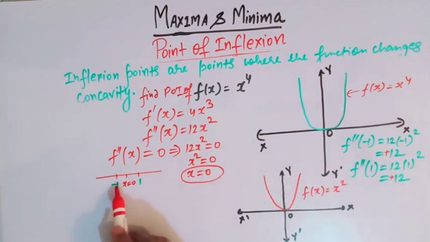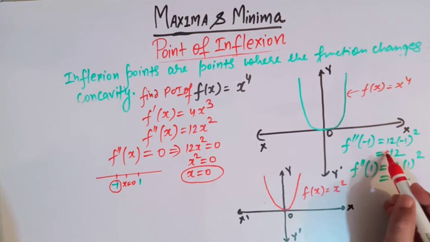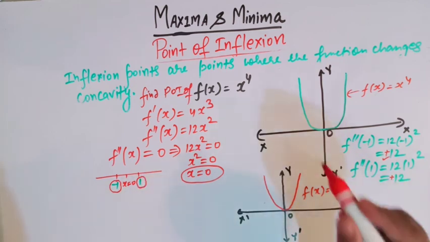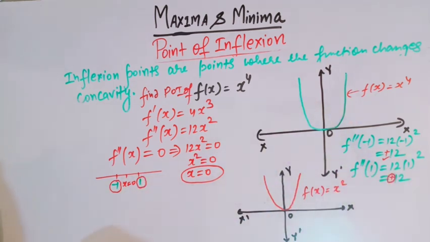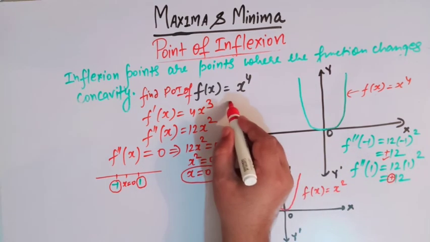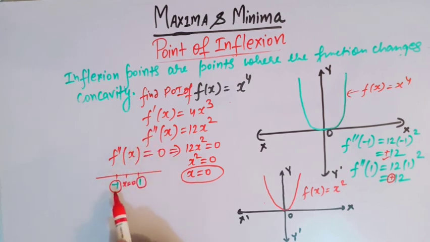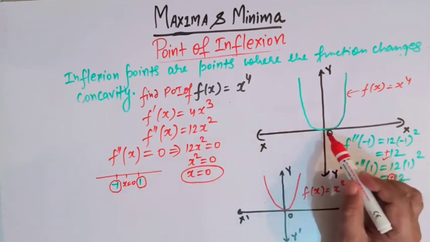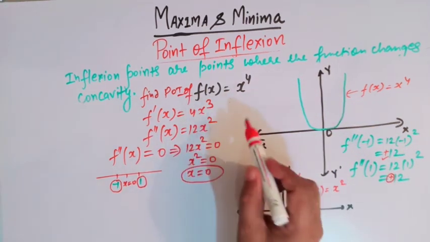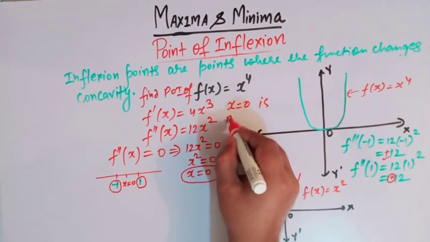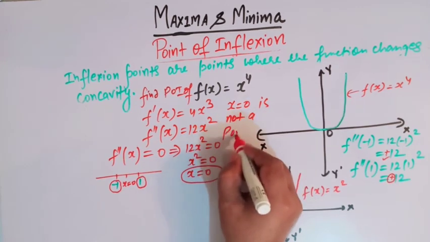So here we see that at x equal to -1, the sign of second derivative is positive, and at x equal to 1, the sign of the second derivative is again positive. So here we see that the sign of second derivative of f does not change when we move from -1 to 1 through x equal to 0. So here for this function x equal to 0 is not a point of inflection, right?